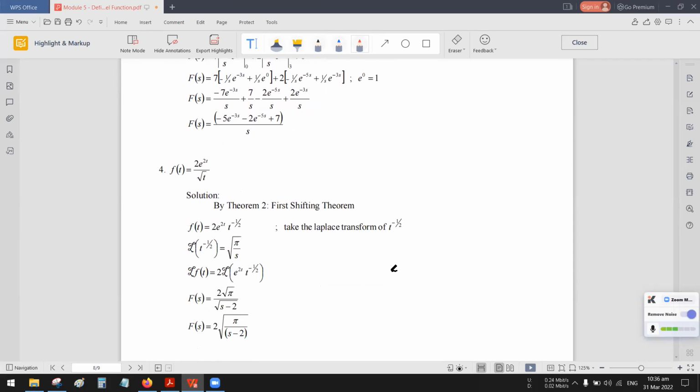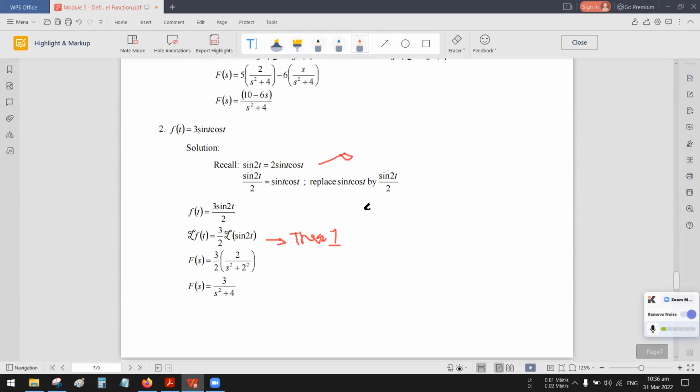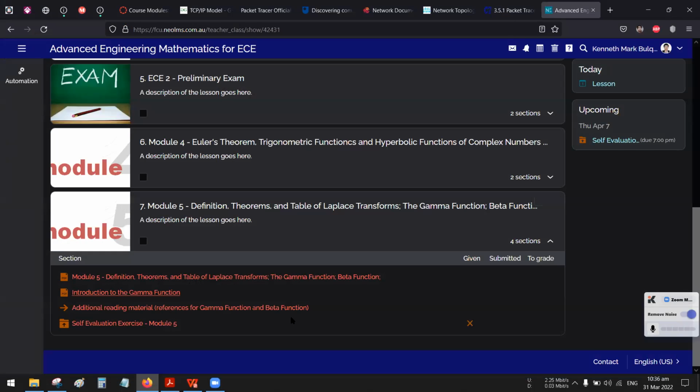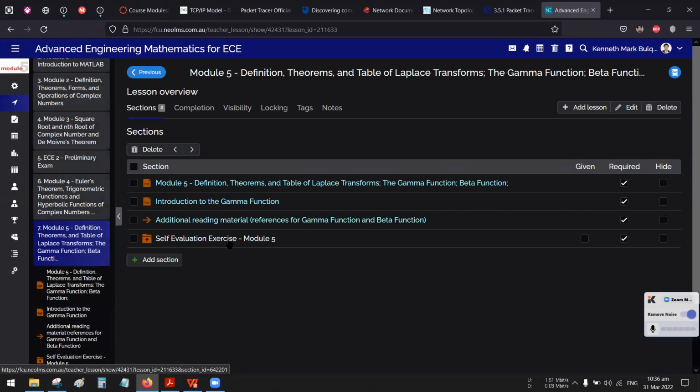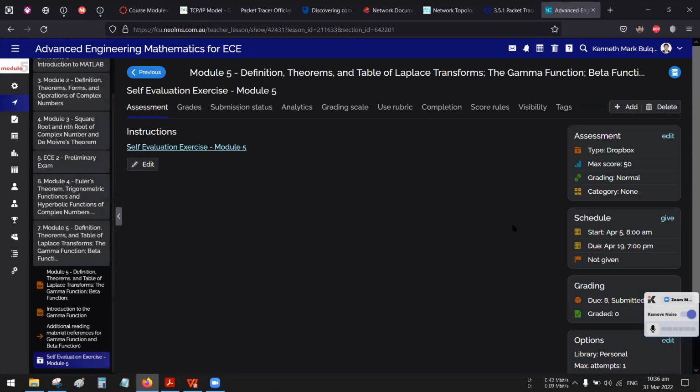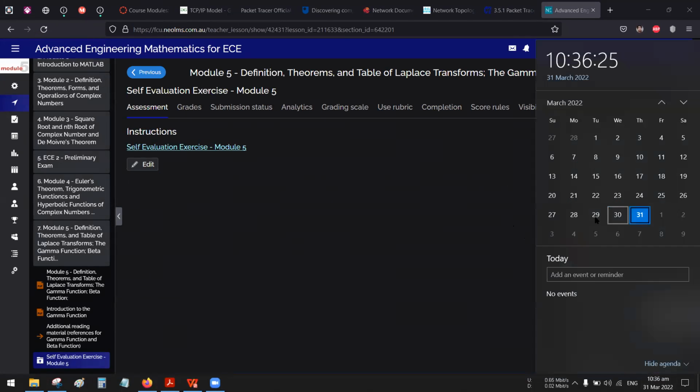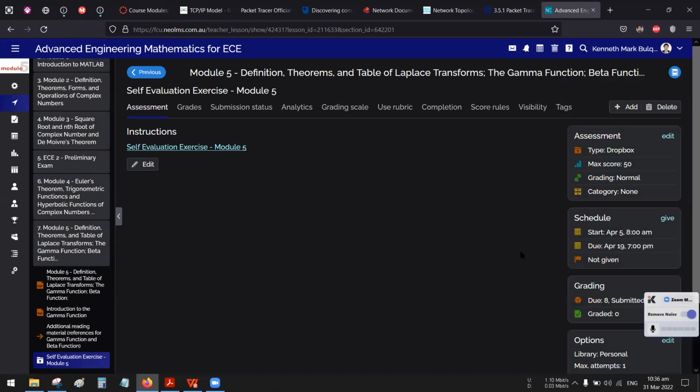Okay, so we can discuss these remaining examples by next meeting. So for the meantime, try to solve your exercises. Hindi pa nalabas. Given yet? Kailan ba to? April 5. April 5. Okay.